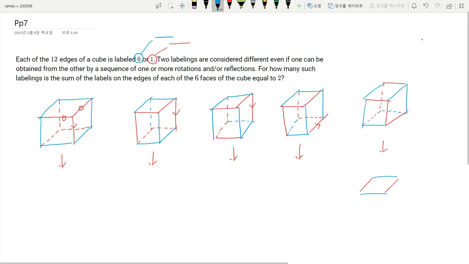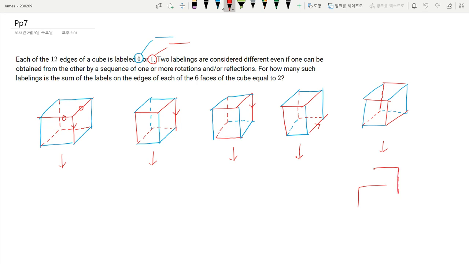Not this way. In this case, it goes like this. Because this one is red, the next one we can think of is this one is red.